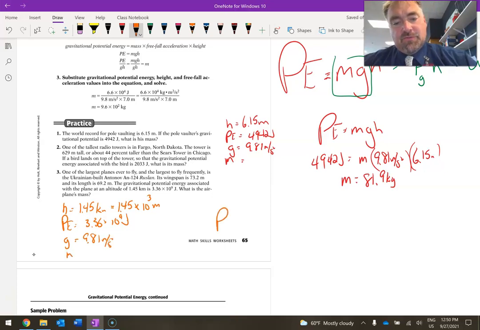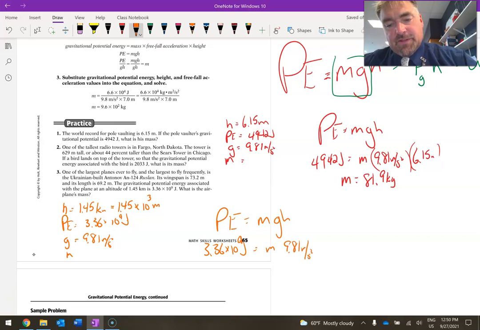So again, same equation. We've got mass, potential energy equal to mgh, potential energy 3.36 times 10 to the ninth joules. And that's going to be equal to the mass, that's what I'm looking for, times 9.81 meters per second squared, times my height, and that's 1.45 times 10 to the third meters.